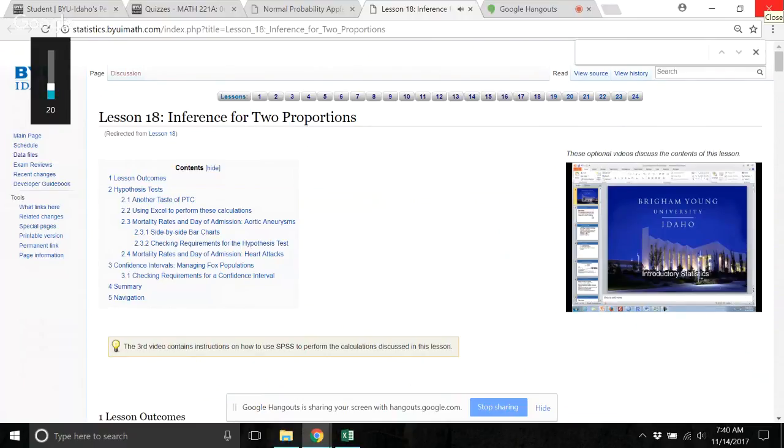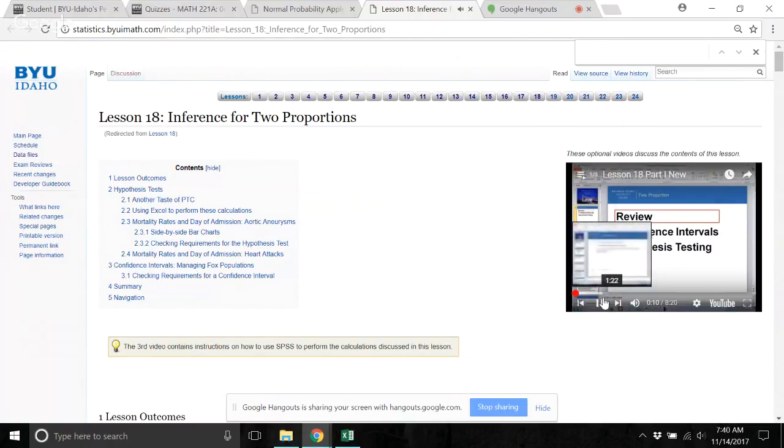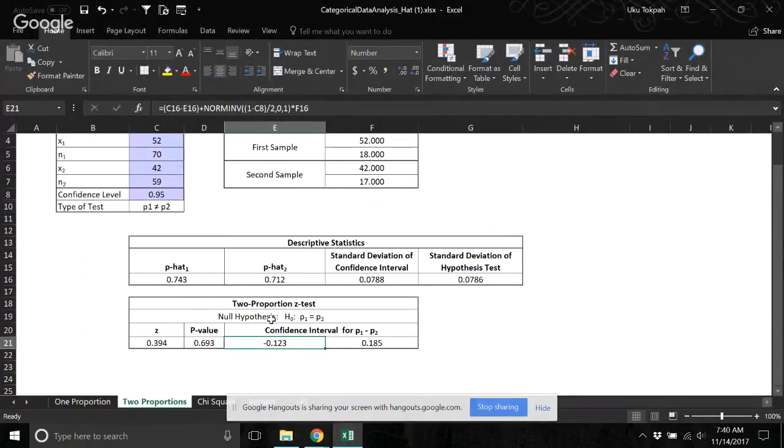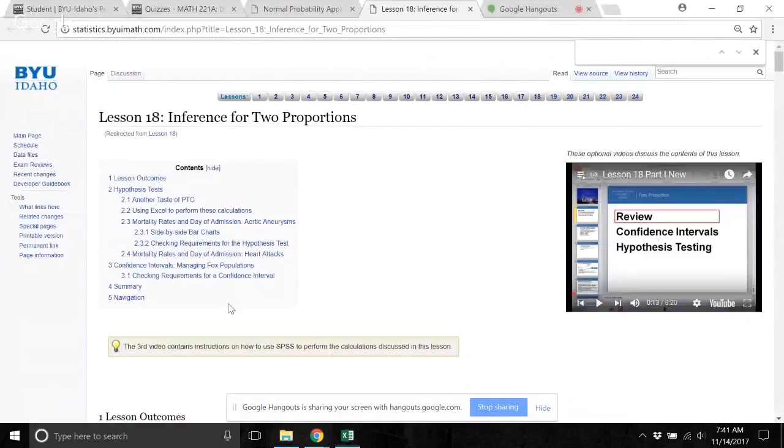So I believe that our point estimate is the p value.